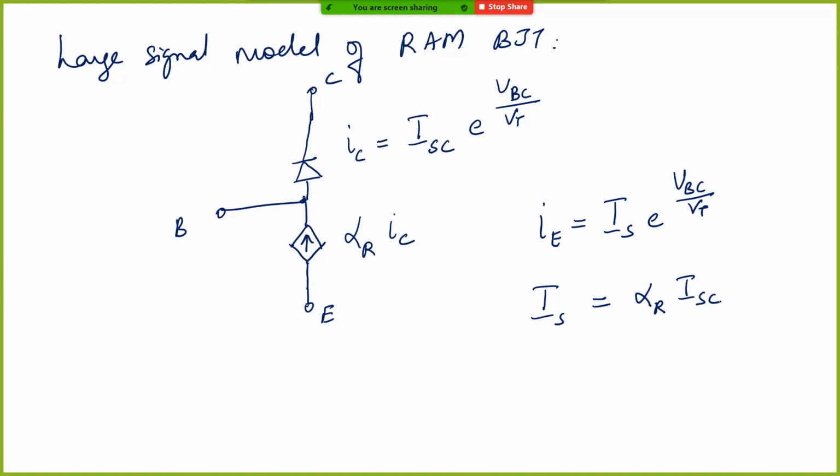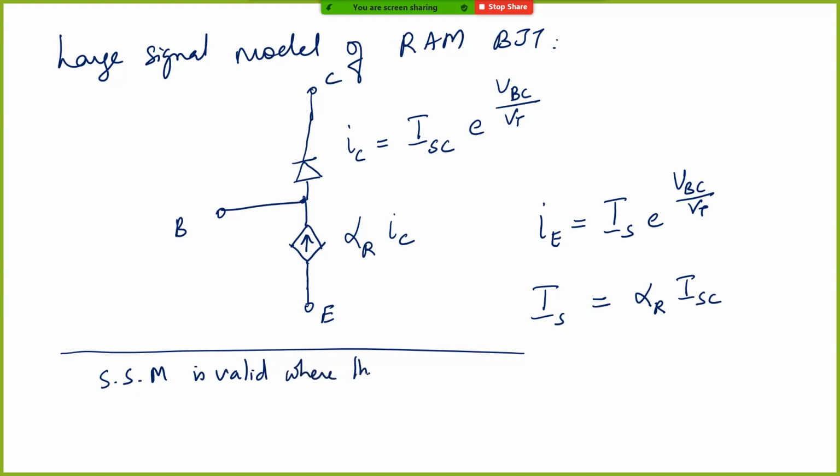But since you want me to just give you an example, let me say as a footnote here: in a small signal model, there is a condition where the signal amplitude is roughly less than, let's say, 10% of the absolute bias value.